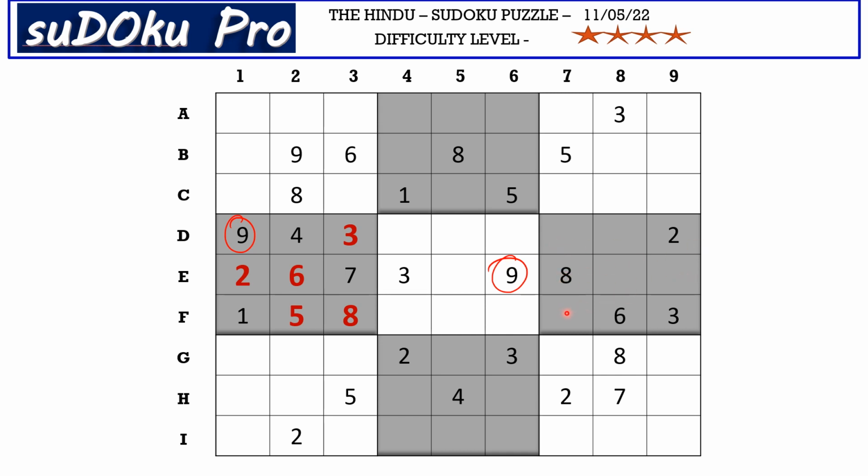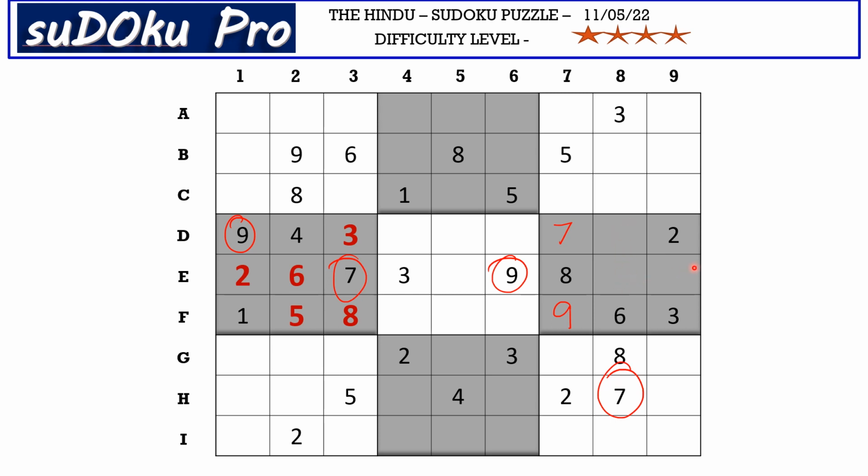So F7 takes 9. There is a 7 here which blocks these 2 cells, and there is a 7 here in E row which blocks these 2 cells. So these 3 cells are blocked. Now this cell is left empty. So D7 takes 7.